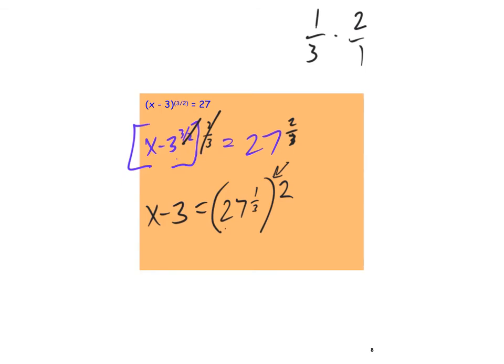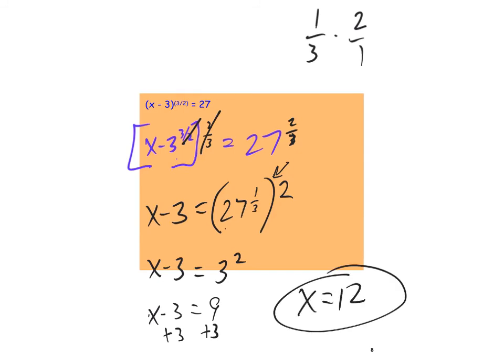So what we have here, 27 to the 1/3 is 3, so this equals 3 squared. Again, we're going to square first, so we've got x minus 3 equals 9. We add 3 to both sides, and we have x equals 12.